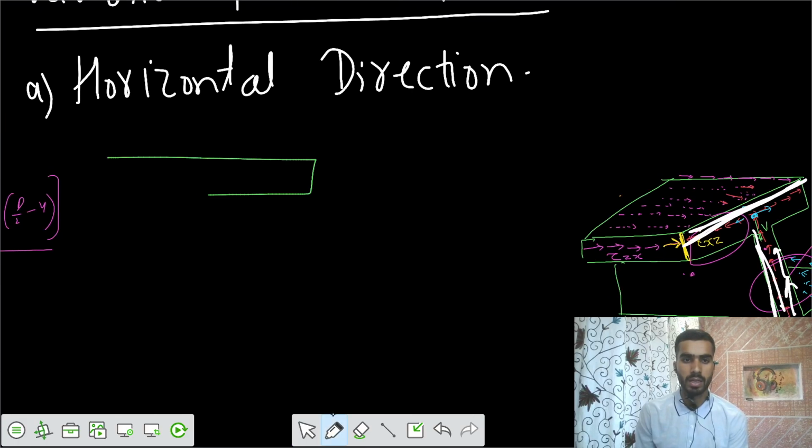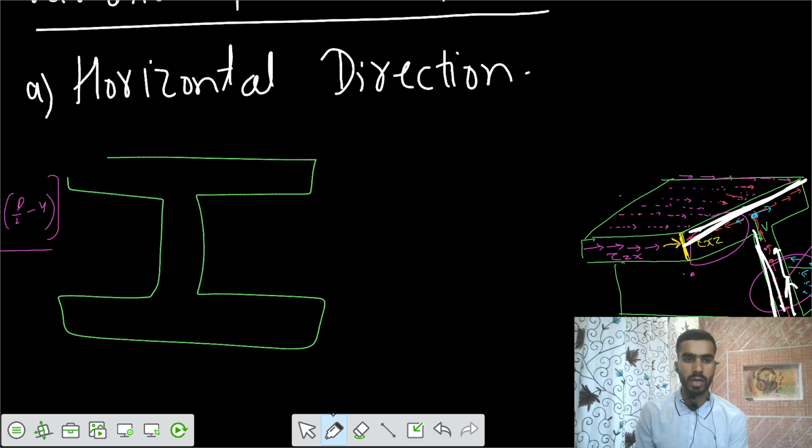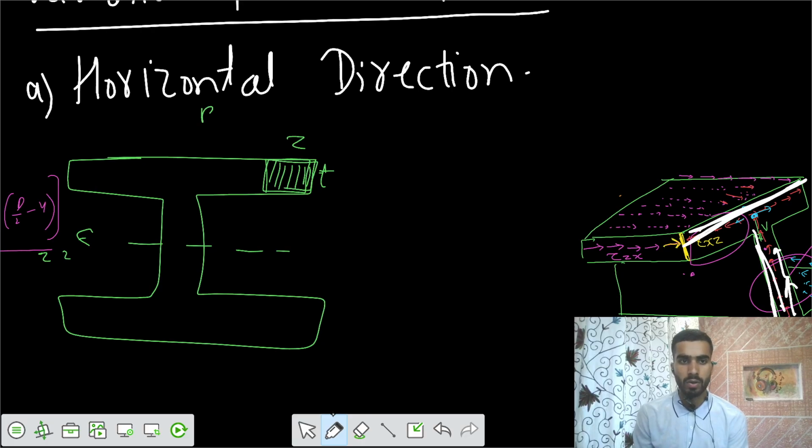We can write, this is your I section. From the neutral axis, you take some point, you take some area of thickness t and some width z. So this is your z axis. We take some width z, and the total width is b, we know. And we want to say what is the value of shear stress at that point A. Let's say this is point A and the centroid is somewhere here.